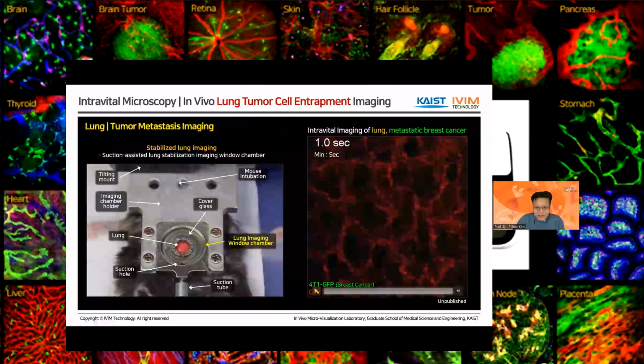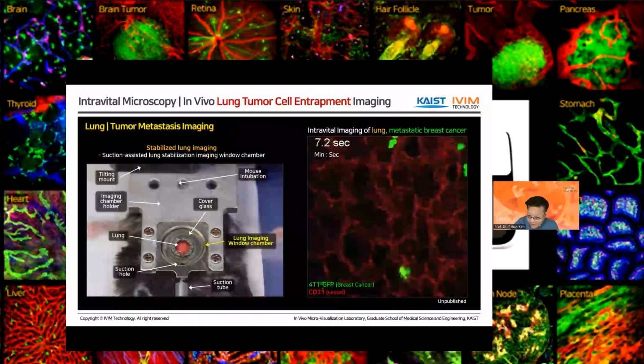Also, the microscope I use is capable of real-time imaging with a speed of 30 frames per second. So we can obtain 30 frames in 1 second with 512 by 512 pixels per frame. That is fast enough to see flowing cells, such as breast cancer cells in this example.